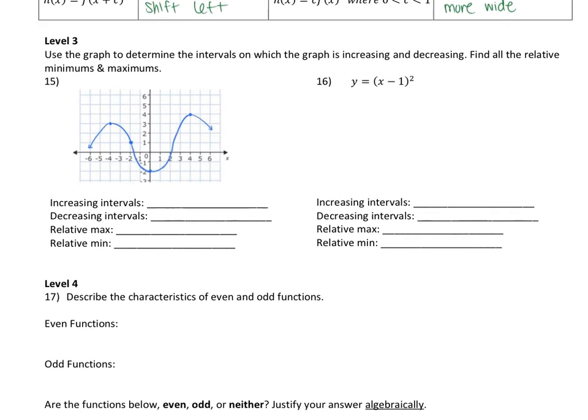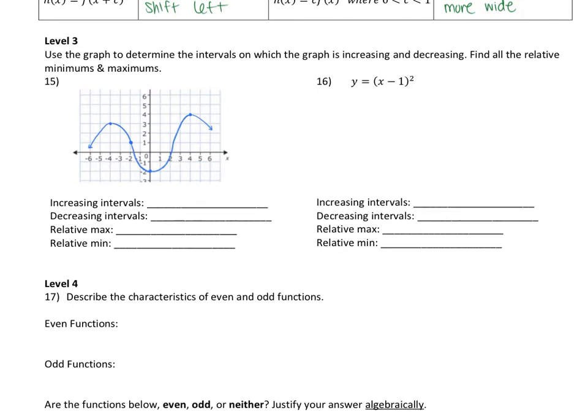And so the third level here is going to be looking at, can you interpret a graph or a function and be able to tell where it's increasing and decreasing in interval form, and also find relative mins and max. So let's start by recognizing the relative mins and max, because I find that that's a little bit easier to do.